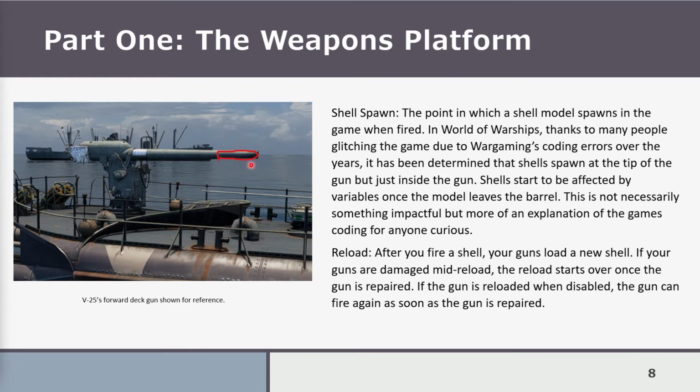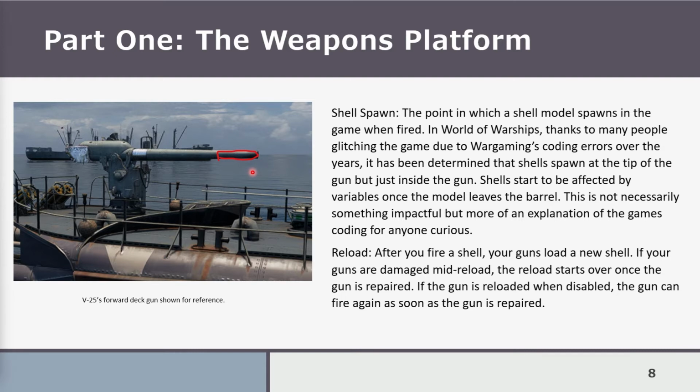So right here, that's where they spawn when they're shot. Once the shell model, the physical 3D asset, leaves the barrel, that's when it basically comes alive, if you will. That's when the shell is able to physically do damage to a ship. Anything else after this is also kind of speculation, but people have seen it glitch where that's where it spawns, so it's pretty much there.